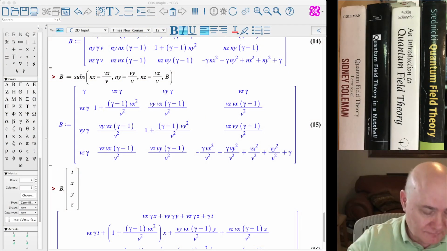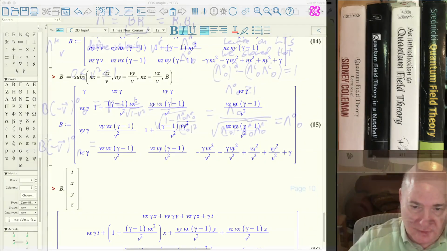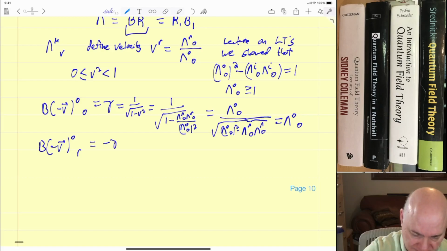Remember, 0 is the row and r is the column, so it's gamma times the velocity component in that direction, except that we're using a negative velocity here, so all of these we should make negative. So this is equal to minus gamma v r, which is equal to minus gamma lambda r0 over lambda 0 0 by the definition of v r. And then we've shown that gamma is lambda 0 0, so it's minus lambda 0 0 over lambda 0 0 times lambda r0, which is equal to minus lambda r0.